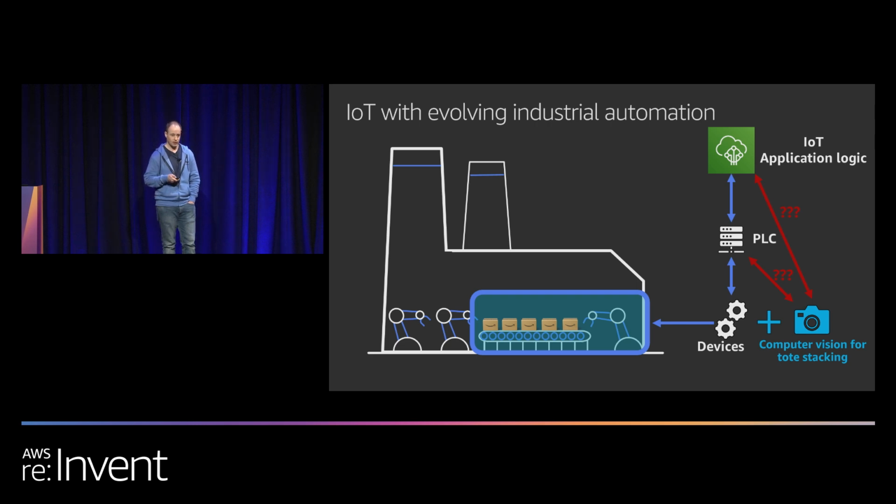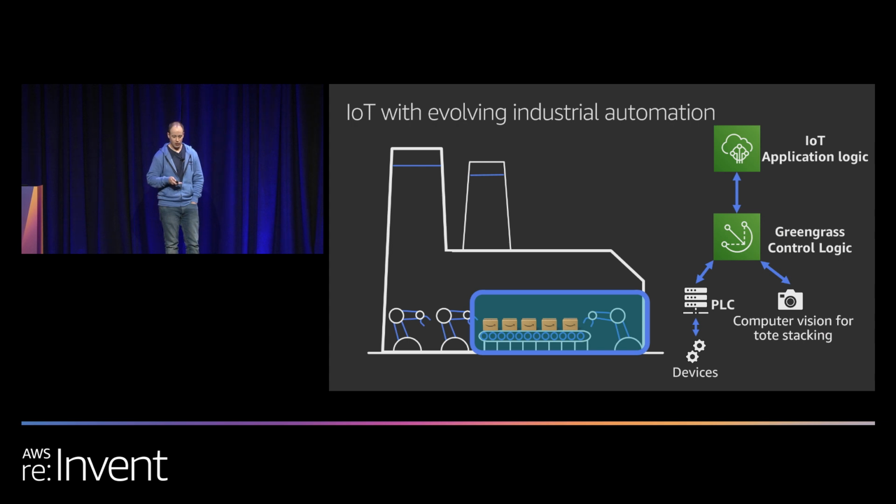We wanted something that was going to be responsive and fast, and we could build in some sophistication close to the edge. And that's really where we started to look at Greengrass as an option to let us extend our software stack from the cloud down to the edge, co-located with our industrial equipment.